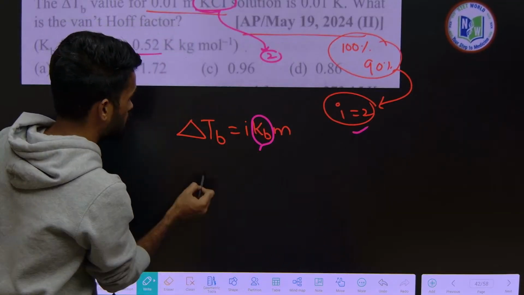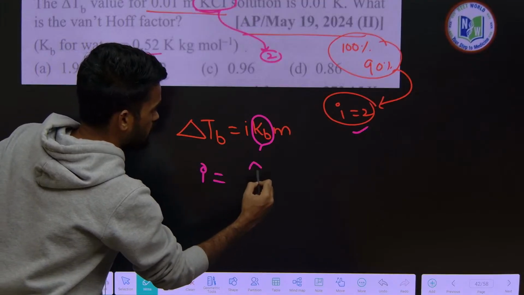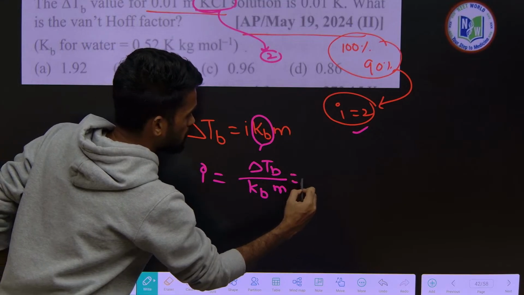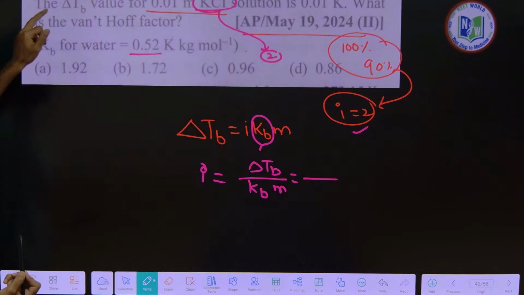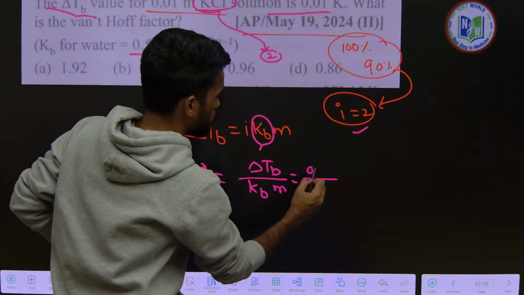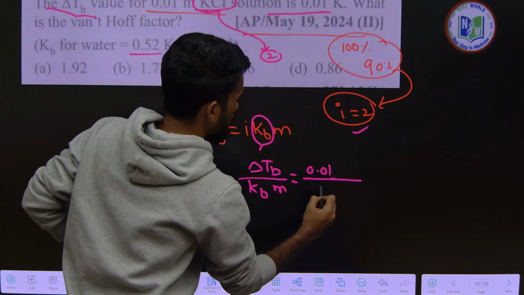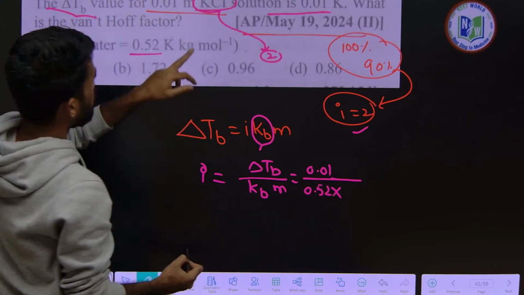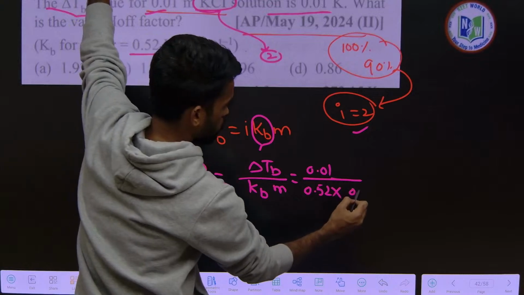So simple here, I want i, right? So I can write delta TB by Kb m. Now look at the data they have given. Delta TB value for this solution is 0.01, that's it. Kb is 0.52. And molality is 0.01, that's it.